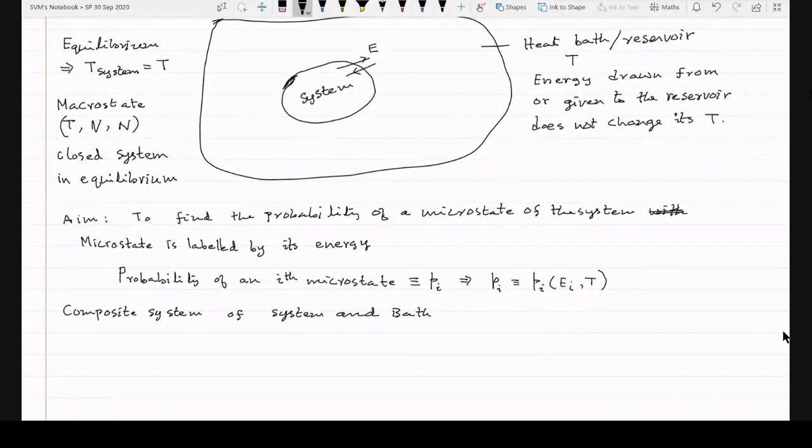System and bath, put together, a combined system, a composite system, can be considered as an isolated system in equilibrium.